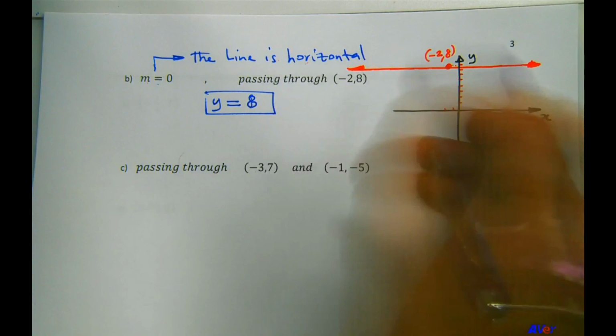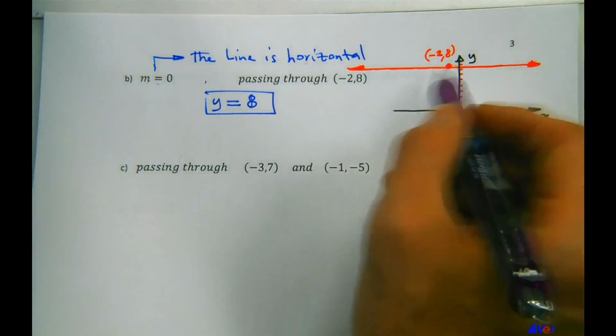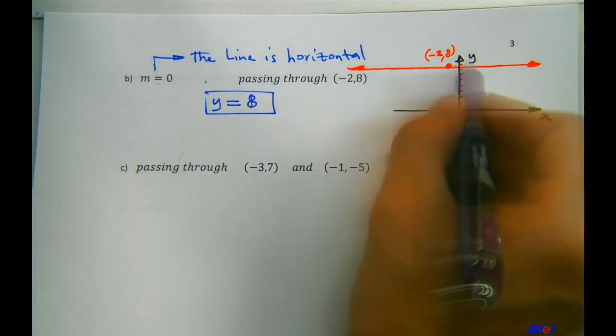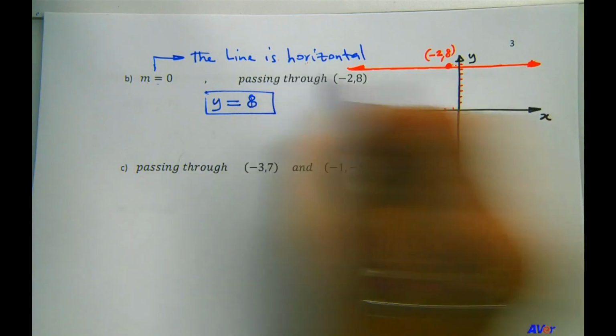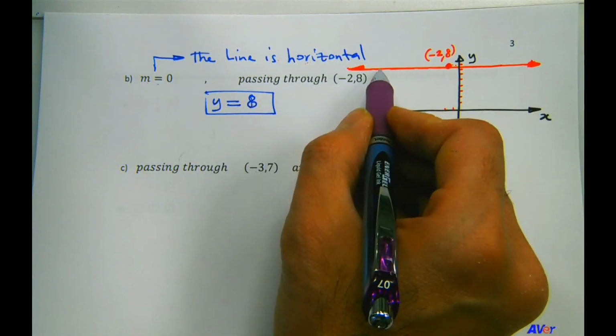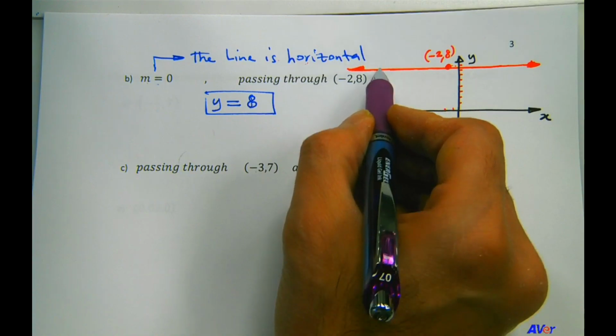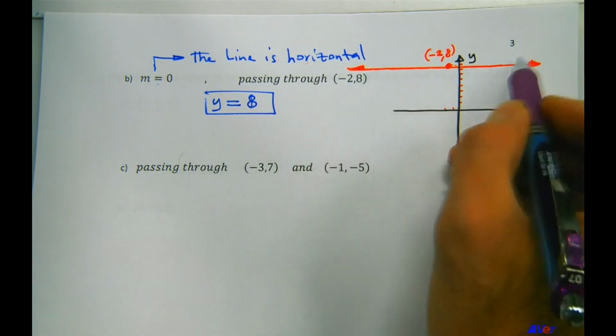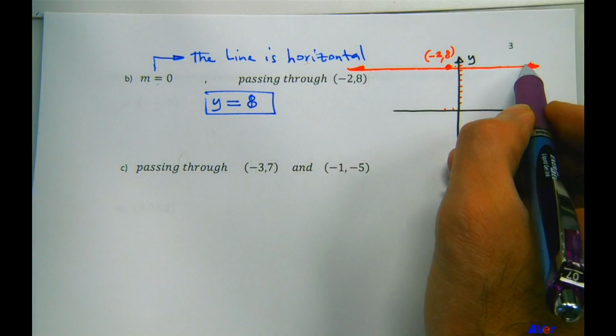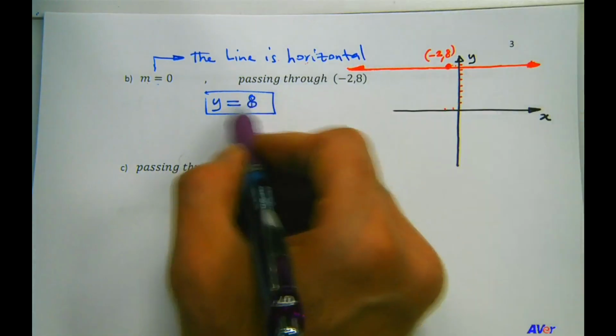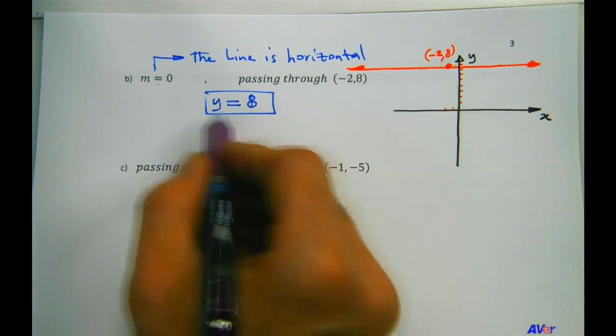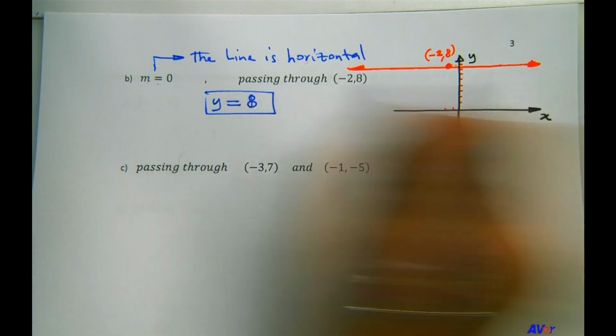Because x can be anything. It doesn't matter what x is. As long as y equals 8, any point is going to be on that line. If it's minus 100 comma 8, it's going to be here. If it's positive 1,000 comma 8, it'll be here. Because the y value is always equal to 8. So y equals 8 is the equation of that line.